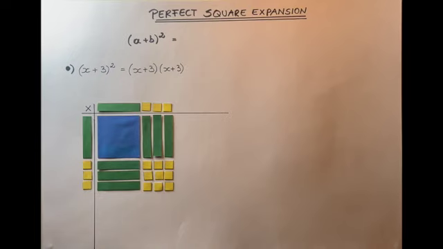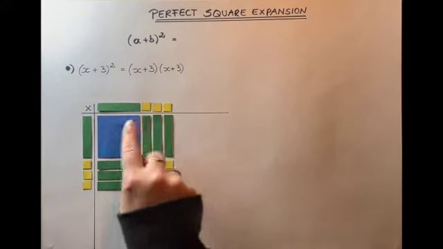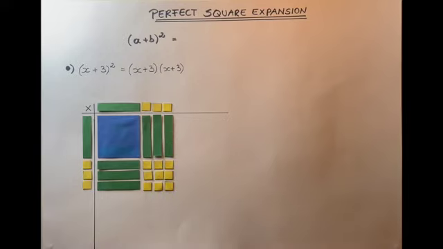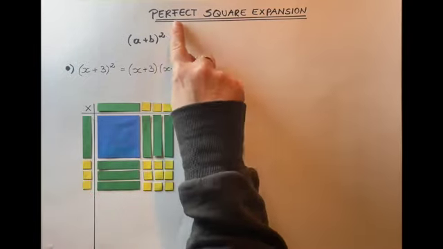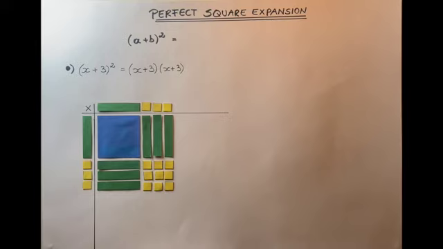And when you look at it, you can also see, as opposed to before, where we usually had a rectangle in our solutions, we now have a perfect square, hence perfect square expansion. So let's write this down.